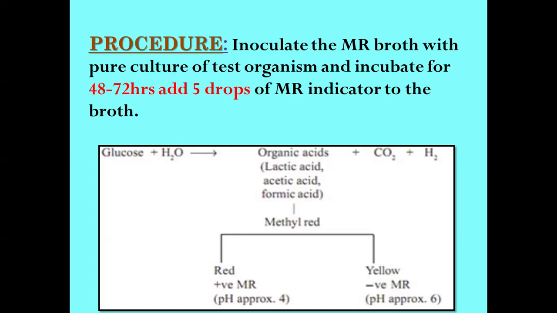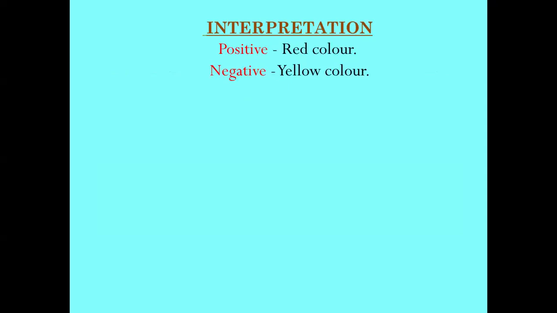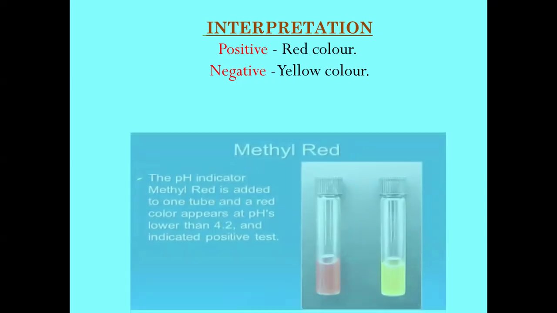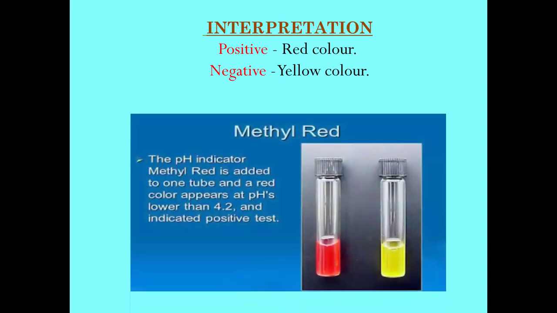If the acid produced is unstable, or it is not utilized by the organism, it produces a yellow color. That is called a methyl red negative test. So in general, methyl red positive is a red color, and methyl red negative is yellow in color. This is a rough indication of the stable acid.